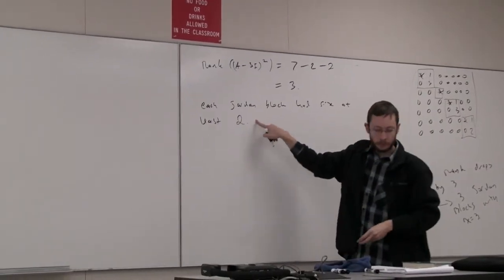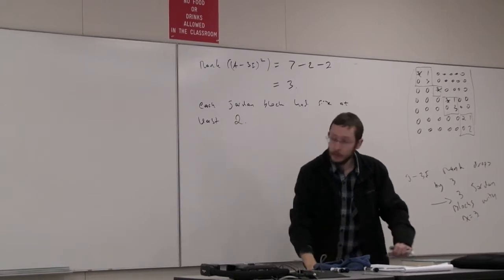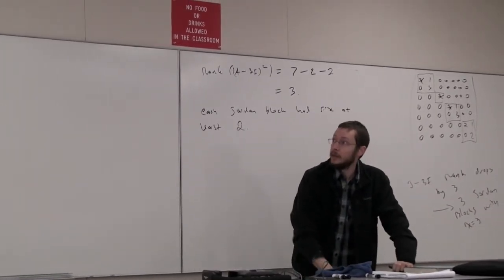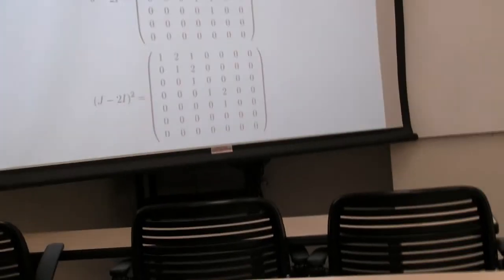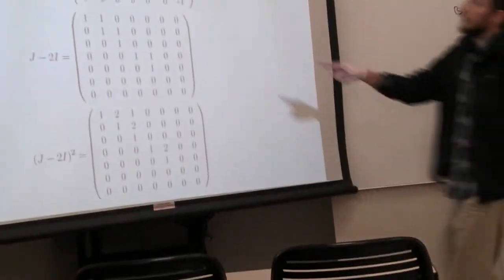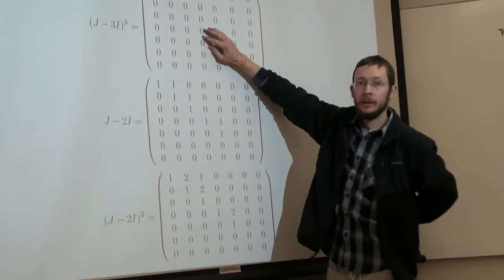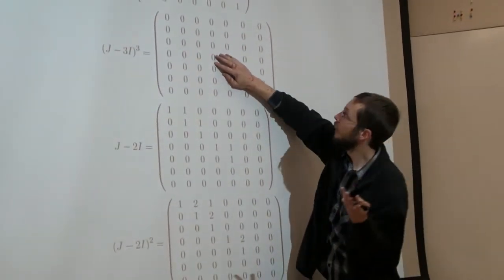And so, we're still not that much closer to finding the size of those Jordan blocks, because we now have concluded that each one had a size at least 2. Now let's compute J minus 3I cubed. We'd find that this Jordan block was already 0, so when we square, this Jordan block doesn't lose any more rank, because it's already at rank 0.